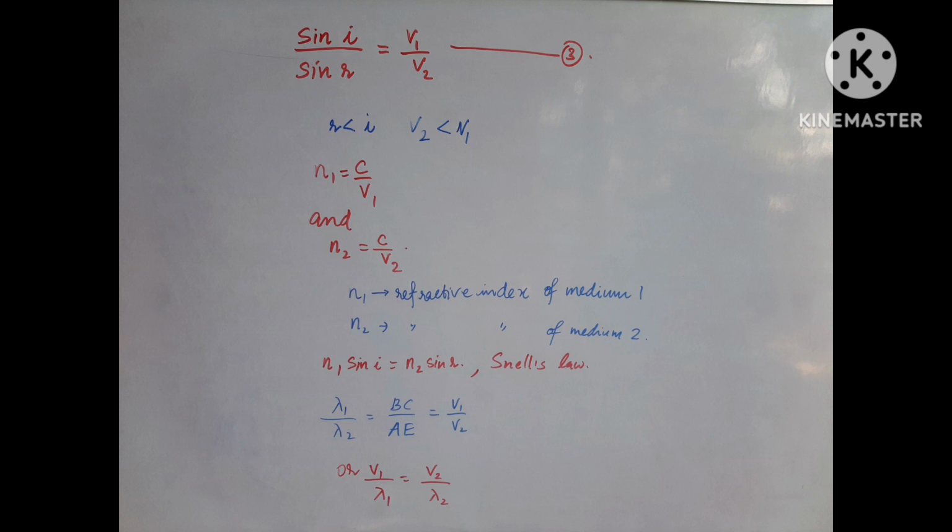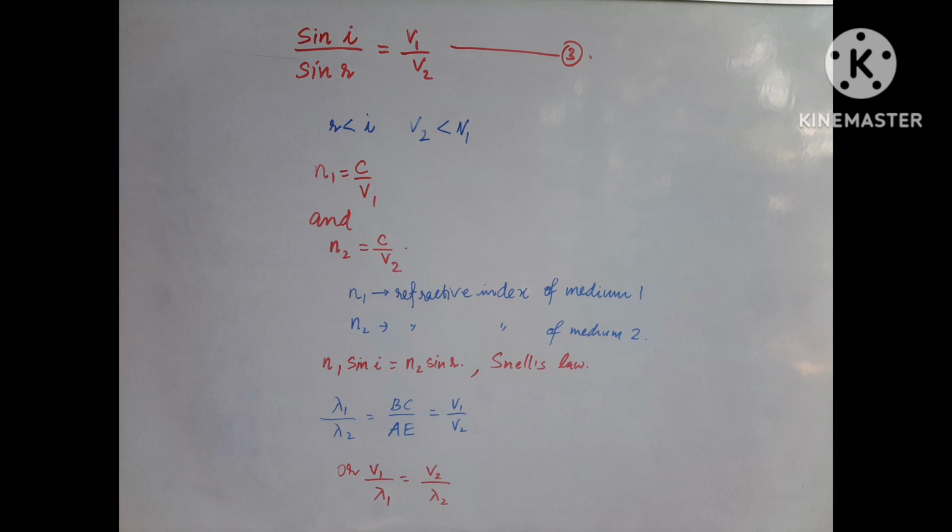When we write n2 by n1, we get (c by v2) by (c by v1), that is v1 by v2. So we can write n1 sin I is equal to n2 sin R. This is the relation already derived in refraction, known as Snell's law.